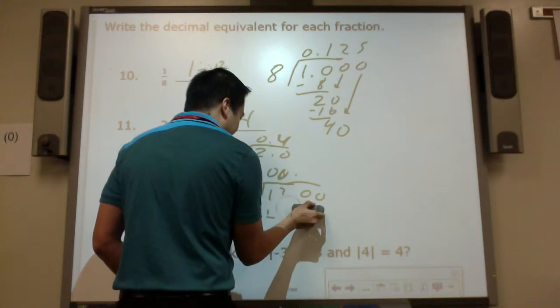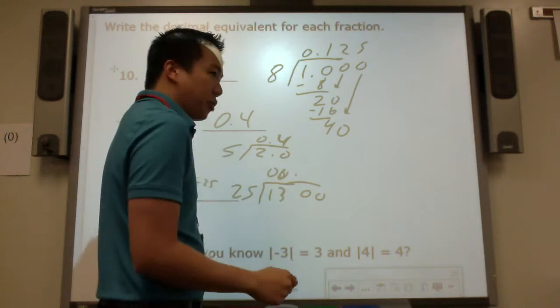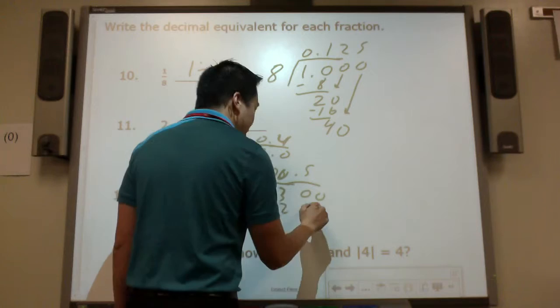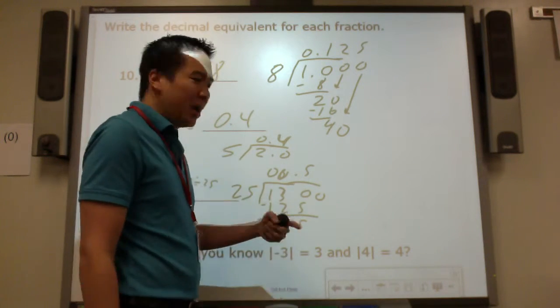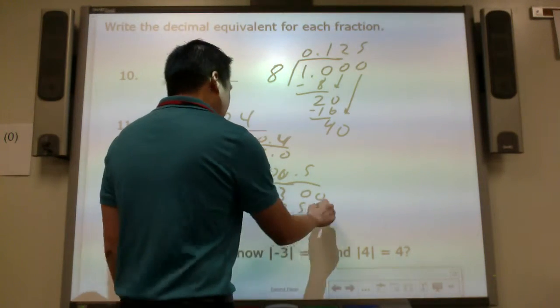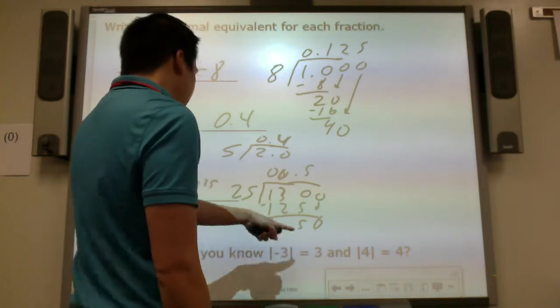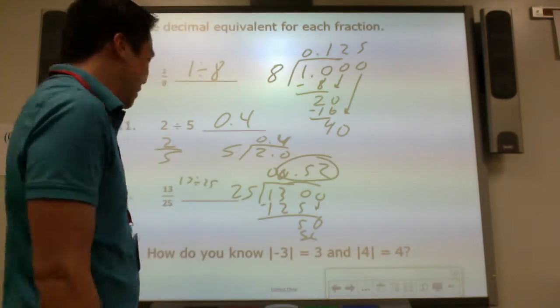Let's do that again. Can a group of 25 go in 130? 5 groups. That's 125. I knew it was wrong before because my remainder was way too big. Can a group of 25 go in 50? 2 times. So 0.52 is the equivalent.